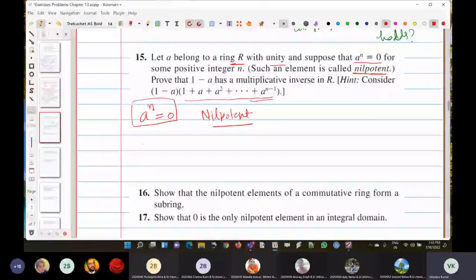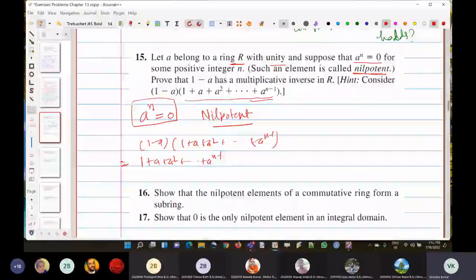Is it okay? 1 minus a, and then you can write 1 plus a plus a square plus up to a to the power n minus 1, and then take the product. When you multiply with 1, you get 1 plus a plus a square plus dot dot plus a to the power n minus 1. And if you are multiplying with negative a, you get minus a minus a square minus a cube and so on. And finally, you will get minus a to the power n.